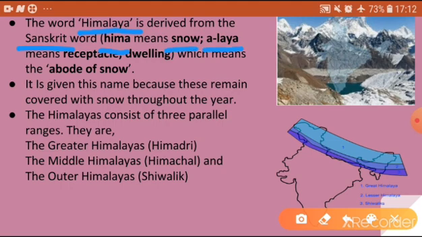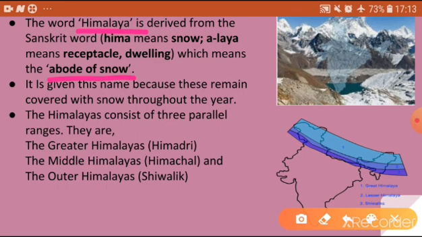Alaya means A-L-Y-A. Alaya means receptacle or dwelling, which means, so Himalaya means abode of snow.